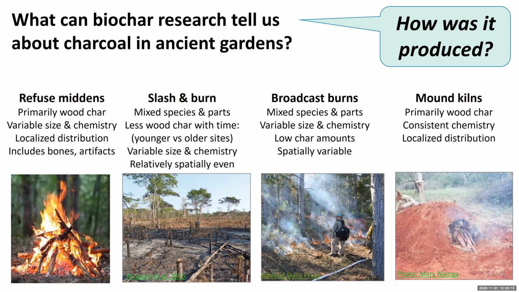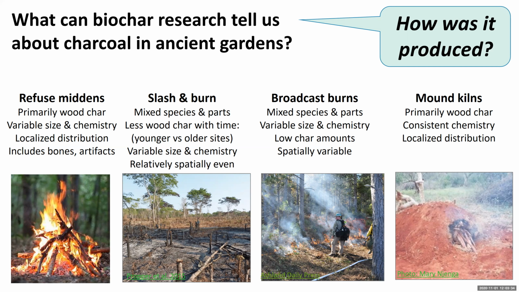If, on the other hand, the ancient garden sites were created from a slash and burn approach to clearing land, I would expect that the charcoal fragments would be from a mixture of plant species and plant parts, such as any combination of wood from conifers or deciduous trees, bark, pine cones, other seed structures, needles, leaves, and grass stems.